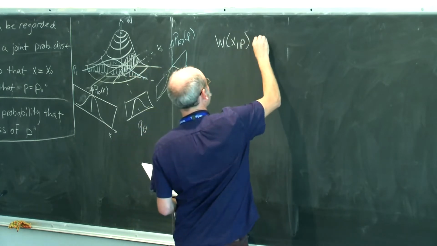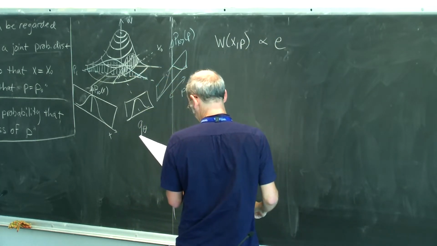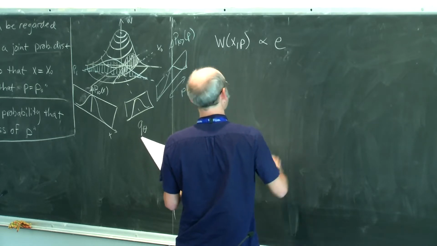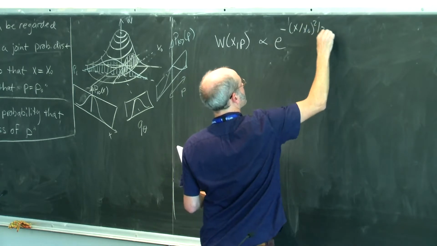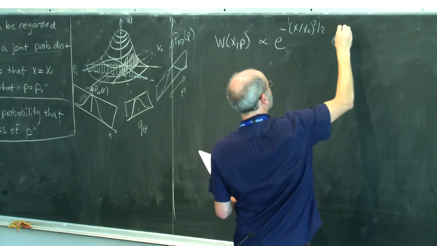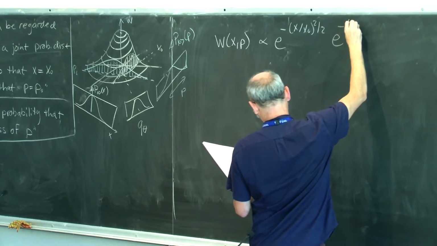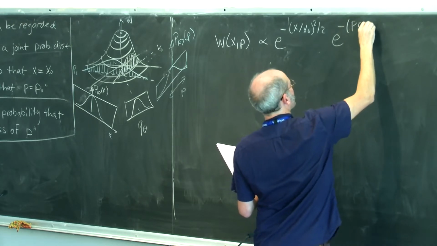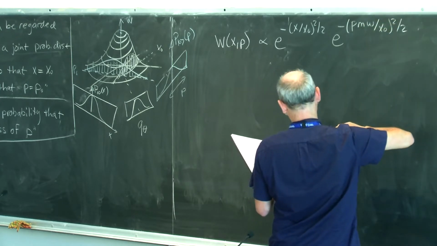That joint probability distribution is equal to, or at least proportional to, e to the minus x over x naught squared over 2 times e to the minus p over m omega x naught squared over 2.